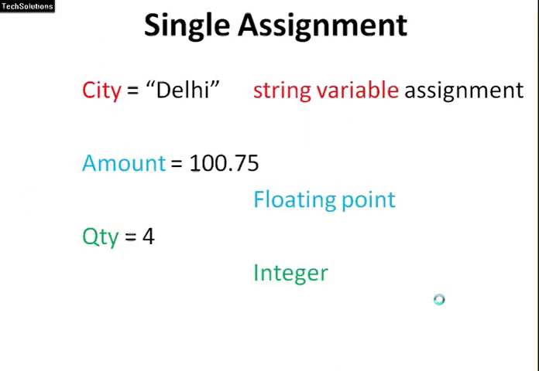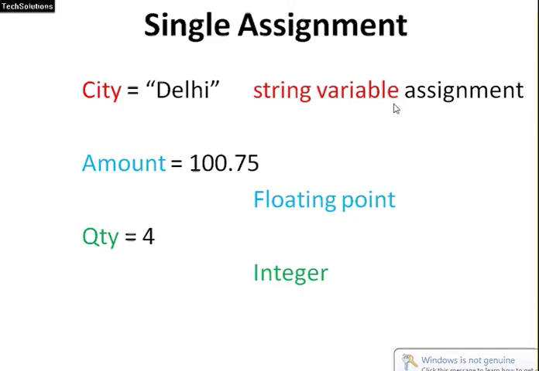Single assignment. In single assignment, a single value is assigned to a variable. You can see here the variable city, which is on the left hand side of the assignment operator. That means city is the name of the variable, and the value enclosed in double quotes, that is Delhi, is the value stored in this string type variable.